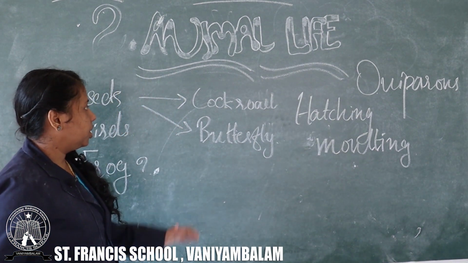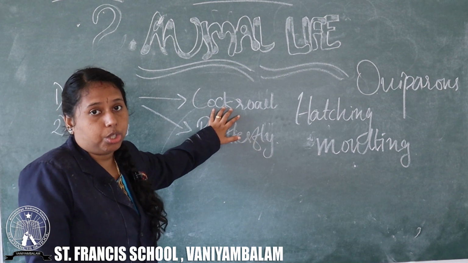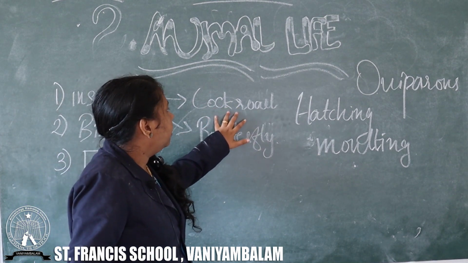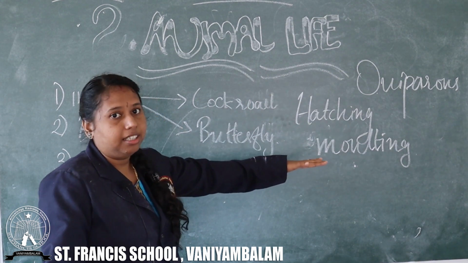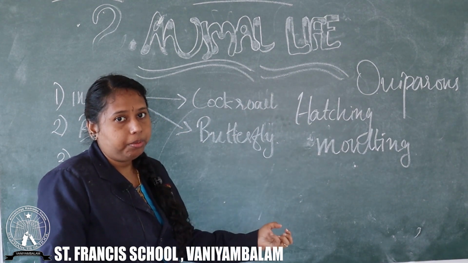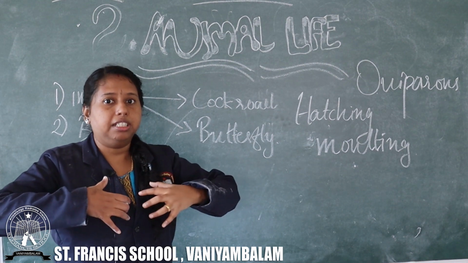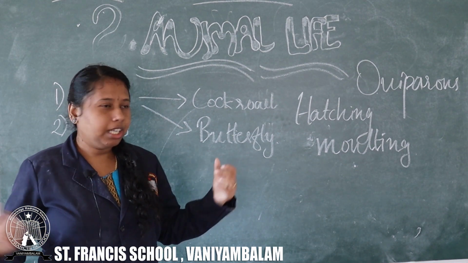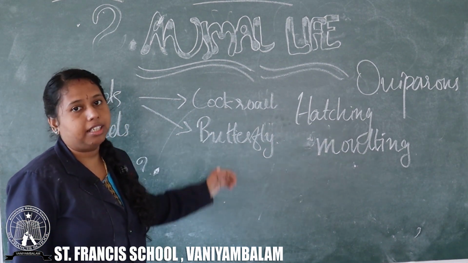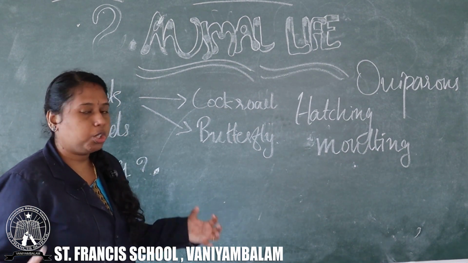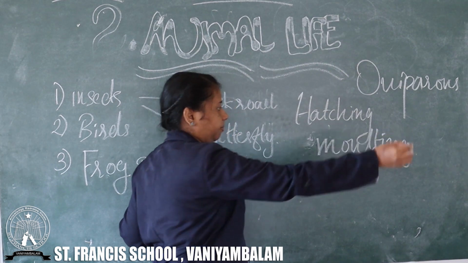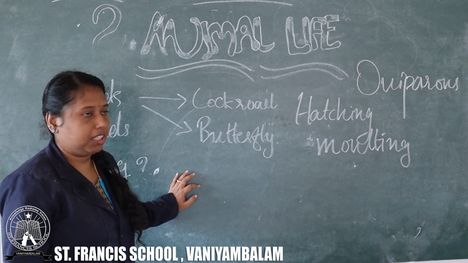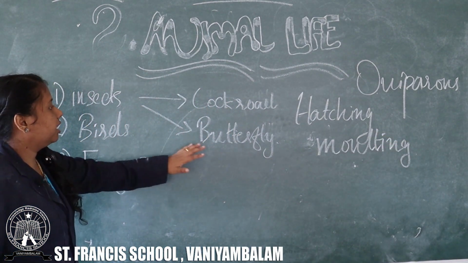In the case of cockroach, cockroach will lay egg and that is the egg case, and after that the nymph will form, and the nymph will remove its old skin and become an adult cockroach, and this process of removing its old skin is known as molting.